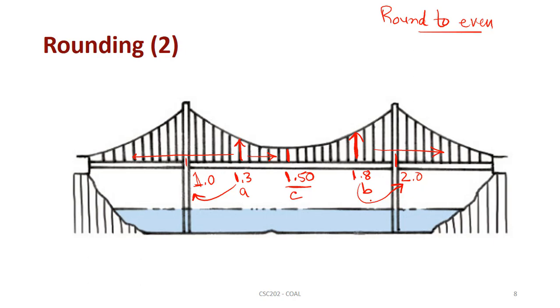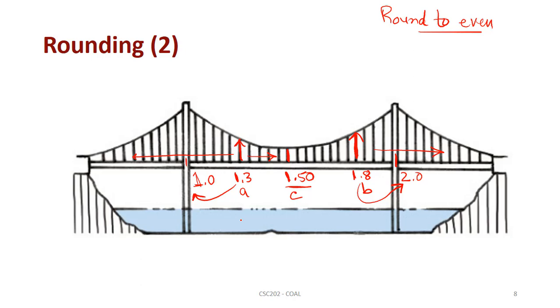You will choose the nearest integer. For 1.3 the nearest integer was 1.0. Because this is a floating point number, technically there is no integer, but when I say integer, I'm talking about the mantissa. And if you have 1.8, definitely you'll choose 2.